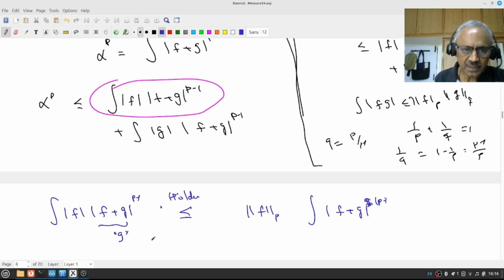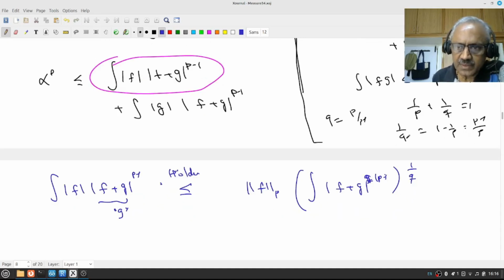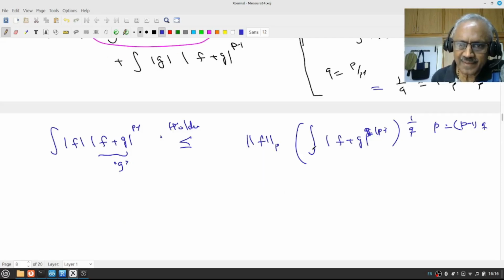That means raise it to the power q, the whole thing to the power 1 by q. Is that clear? Now notice that I already said 1 by q equals this. Therefore, cross multiplying, you will get p equal to p minus 1 into q. Are you following? Yeah, that is the trick.